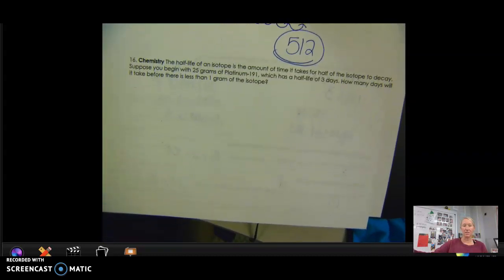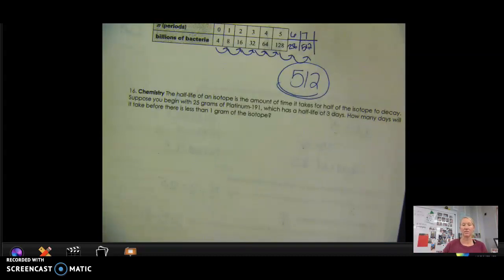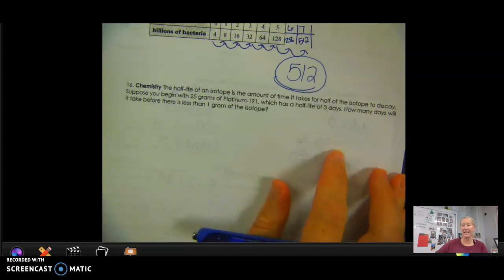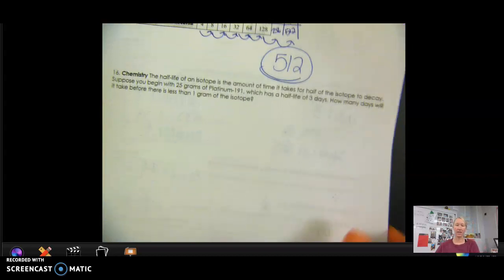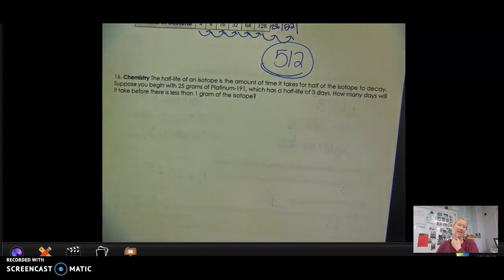The half-life of an isotope is the amount of time it takes for half the isotope to decay, get smaller. Suppose you begin with 25 grams of platinum 191, which has a half-life of 3 days. That means every 3 days, it's half as big.